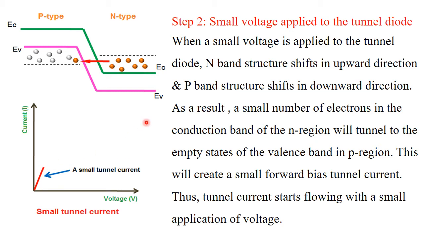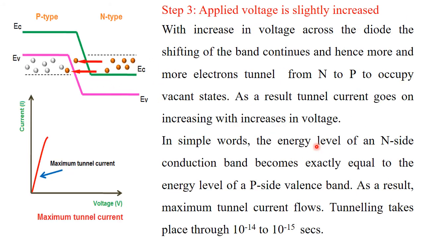Only the electrons are tunneling from the N-type conduction band to the valence band of P-type. As we go on increasing the voltage across the tunnel diode, the shifting of the bands continues, and now you will see more and more vacant states of the valence band of P-type coming in front of the conduction band of N-type.